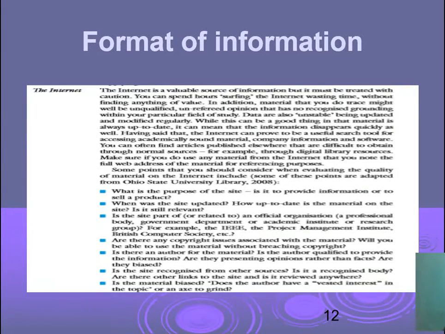And definitely we do get a lot of information, but that information is not standard, not from some referred materials. So you should be very careful while you are collecting materials from the internet. And that's the suggestion from Ohio State University Library in 2008.